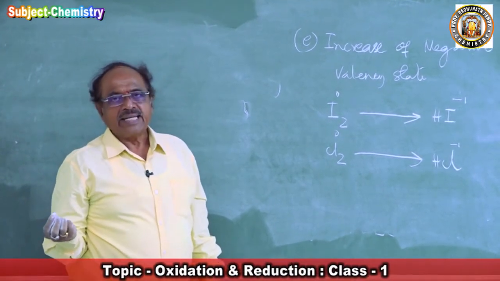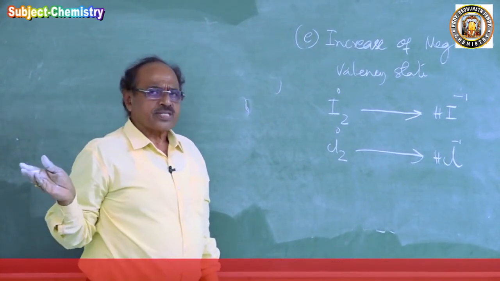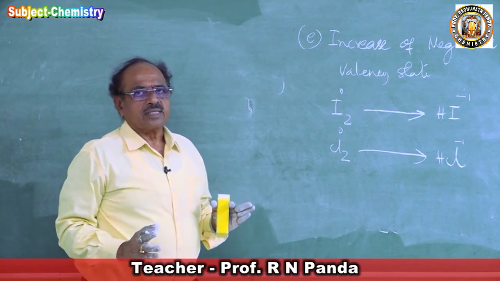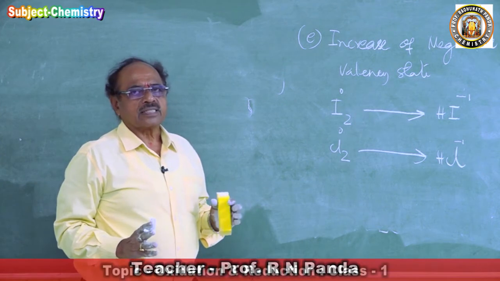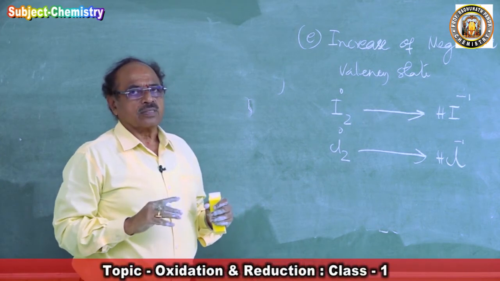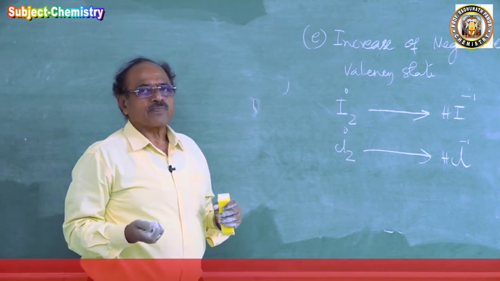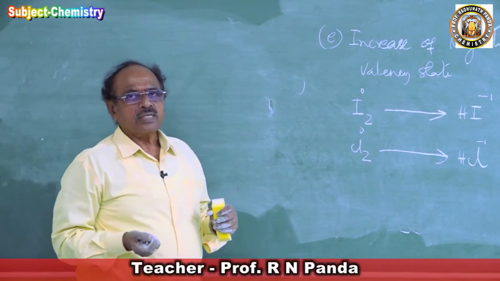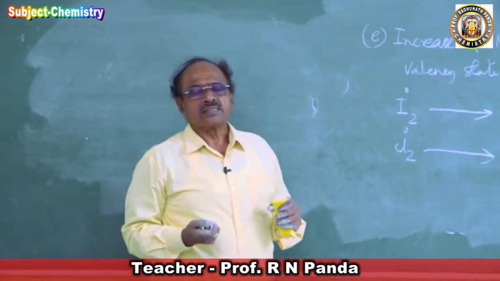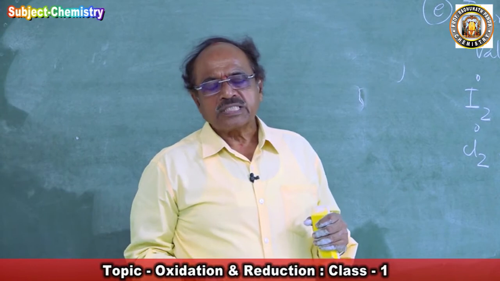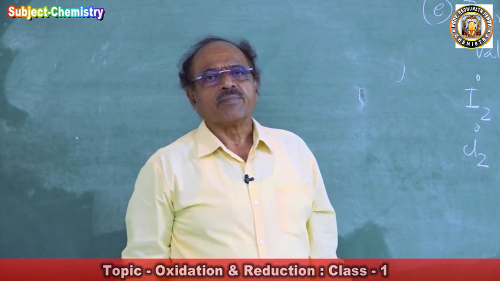year 1900. Then the whole of chemistry changed. Everything they wanted to discuss with respect to electron, because the electron is the fundamental particle of the atom of an element which is directly involved in chemical reactions.